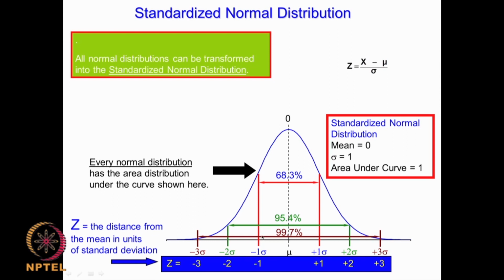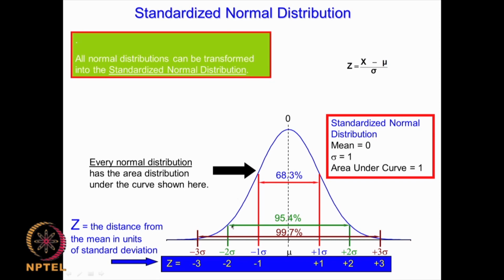Now, as I said, the area under this curve is equated to 1 in a standardized normal distribution. If you have plus or minus 1 sigma, this particular area is 68.3% of the total area, that means 0.683. Plus or minus 2 sigma is 95.4%, approximately 0.95.